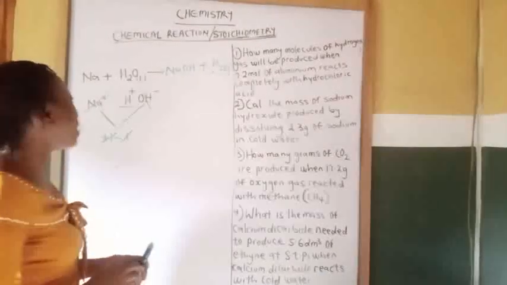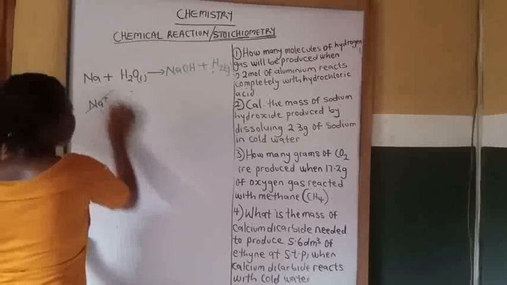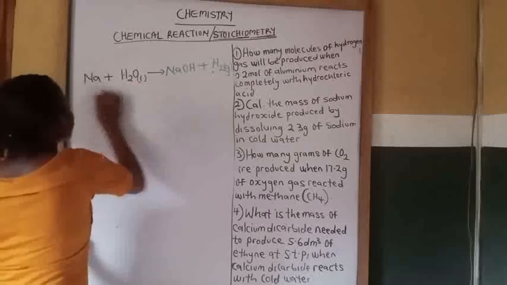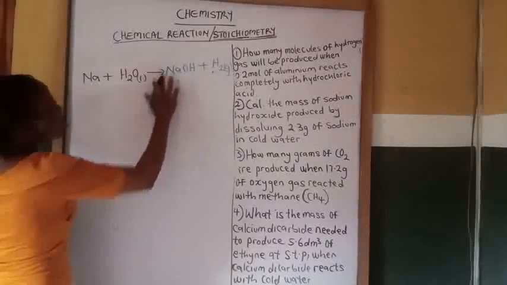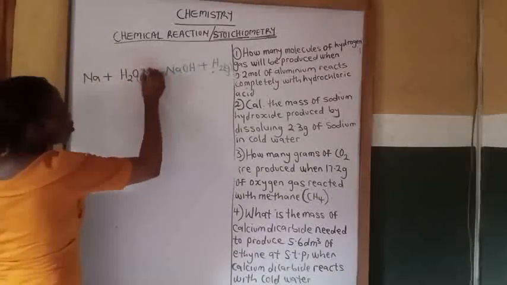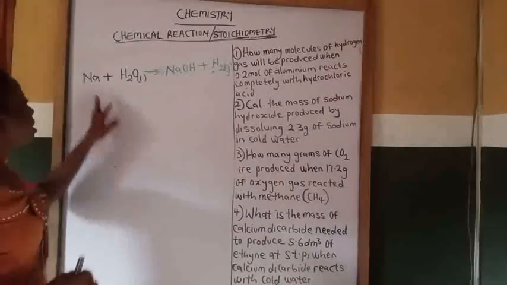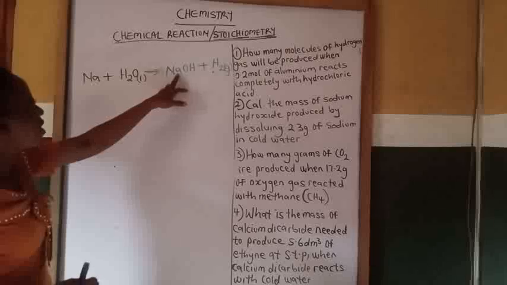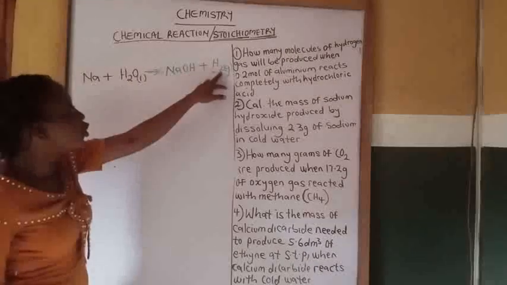So the next thing is to balance our chemical equation. So let's balance it. At this side, we have one sodium, one at this side, balanced. Two hydrogens at this side, one here plus two, that is 3.